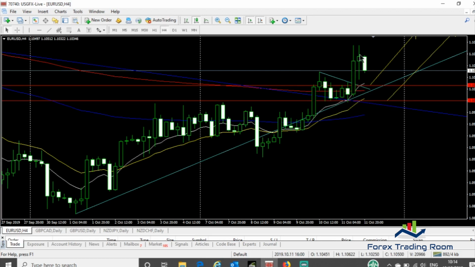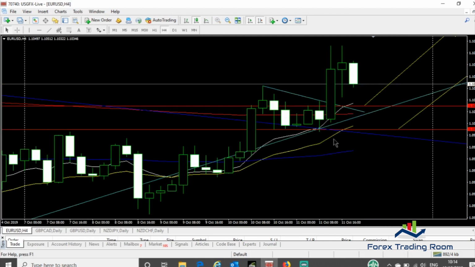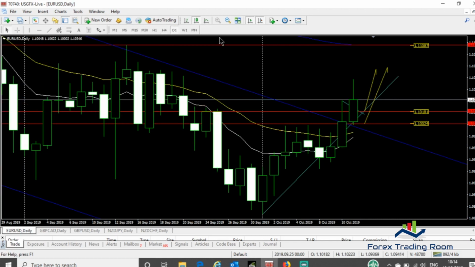We broke through, we've pulled back, and now we're looking for a pullback to either the 1.101 area or a bit further down to the 1.100 area. I believe that once it gets to this area, we should see a continued move to the upside, and eventually aiming for the 1.110 area.